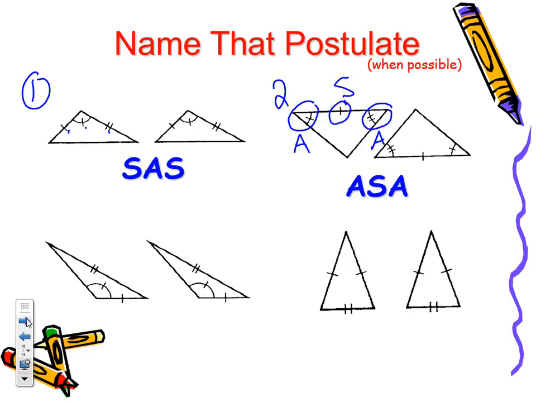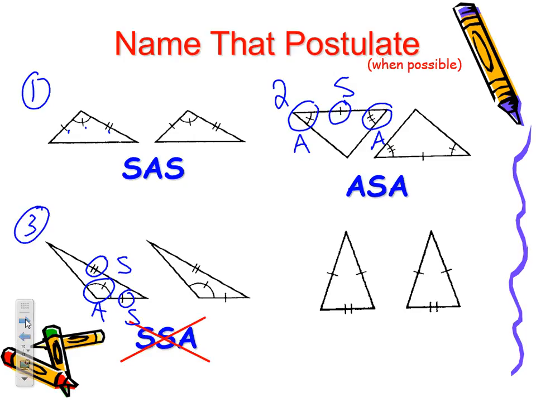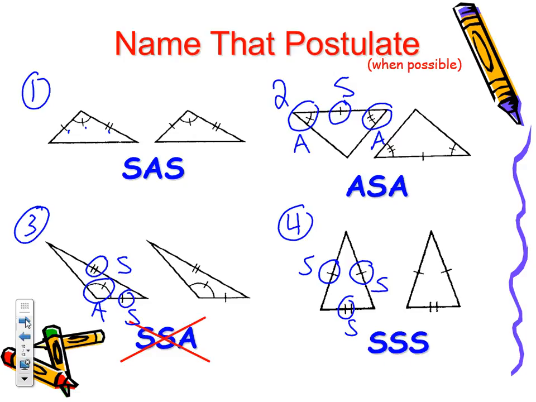So this one's going to be angle, side, angle. Now, if we look at this one, we have an angle, a side, and a side. Well, that is not a good word, so we do not have that. Number 3 is not going to be congruent. And then number 4, if we look at this one, we have side, side, side for both of them. So our shortcut we're going to use is SSS.